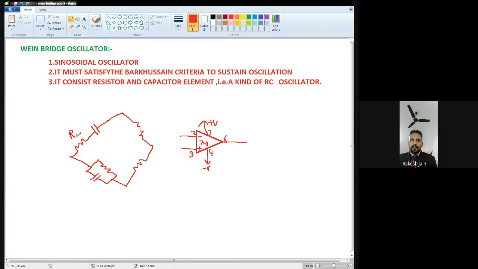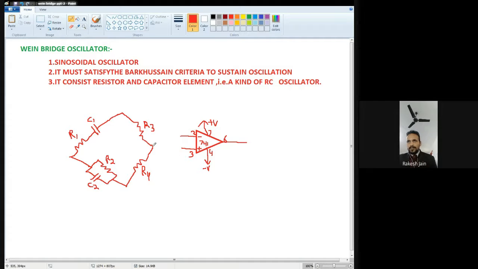So let the name of this resistance be R1, the capacitance C1, this resistance R2, and this capacitance C2. This is R3 resistance, and this is R4 resistance. Now we have to connect the amplification section with the feedback section so as to complete the overall circuit.